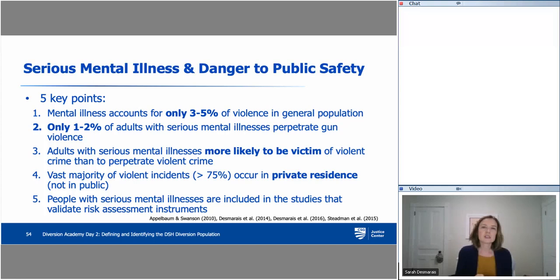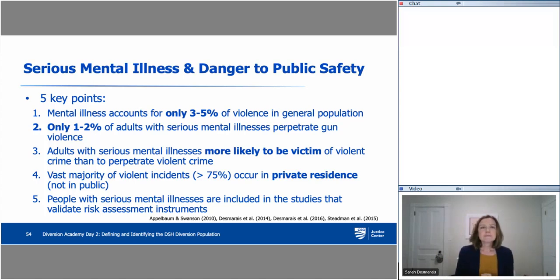These studies of risk assessment tools, which we'll talk about in further detail in the coming weeks, don't all exclude individuals coming through jails or other settings that have serious mental illness. So we don't want to be double counting the role of their mental illness when they've already been part of this validation sample or population.